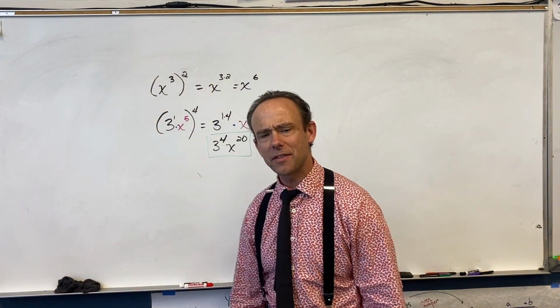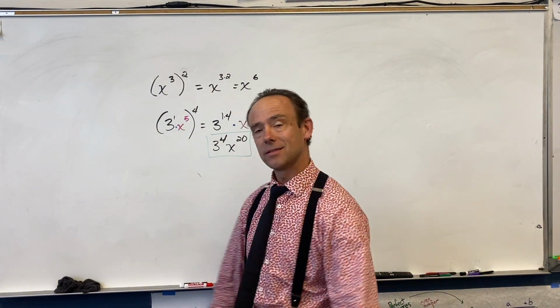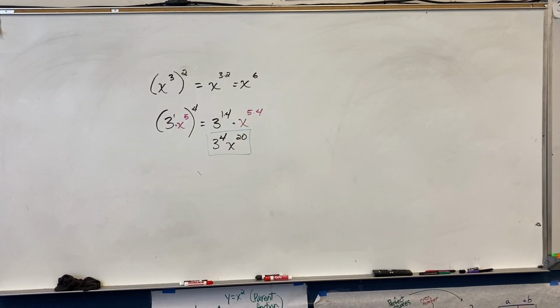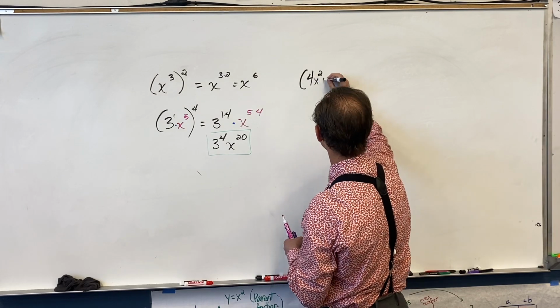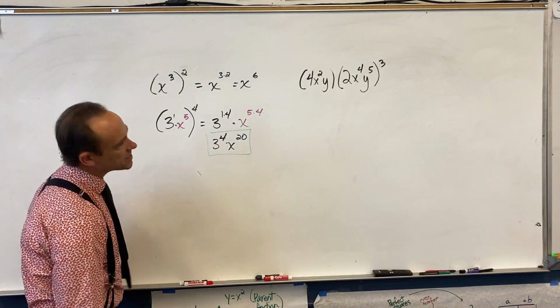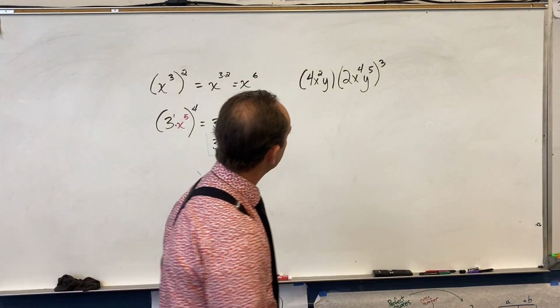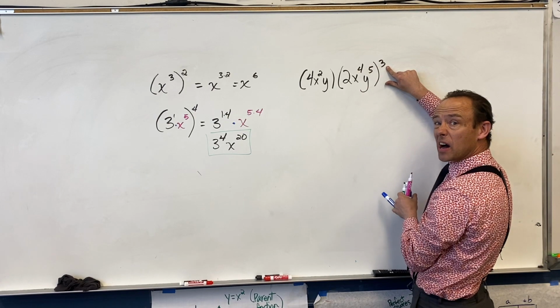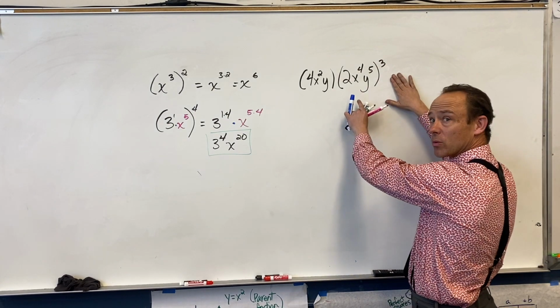Beautiful. Let me think if I can dream up an even more difficult problem. Let's get going. All right, well, let's see what we have here. Here we have exponents that are being raised to a higher power, so it's going to be the power rule.